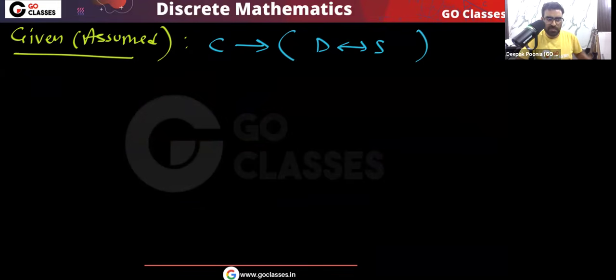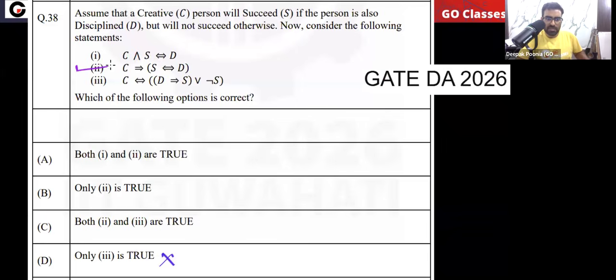Okay, let's see the third one. First you simplify this third one. Here we have C by implication, and inside we have D implies S, that will be D bar or S bar.